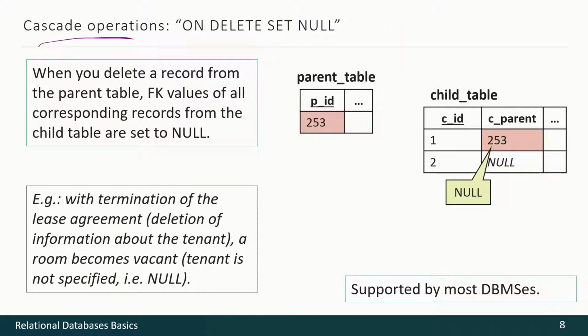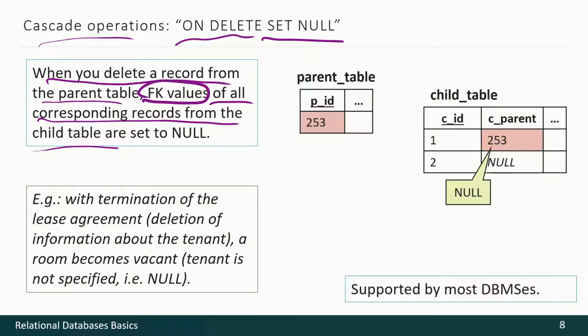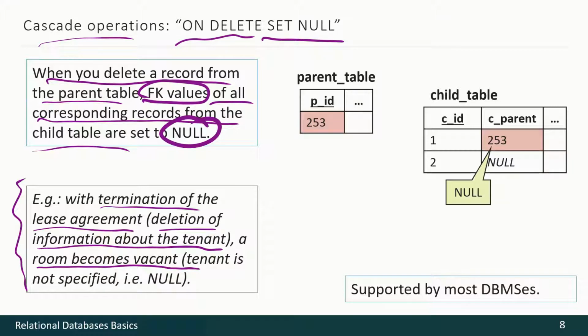The next operation is setting nulls on deletion. It's when you delete a record from the parent table, foreign key values of all corresponding records from the child table are set to null. And here's an example. Imagine that we terminate some lease agreement, deleting the information about the tenant, so all rooms should become vacant, so their foreign keys should be set to null.